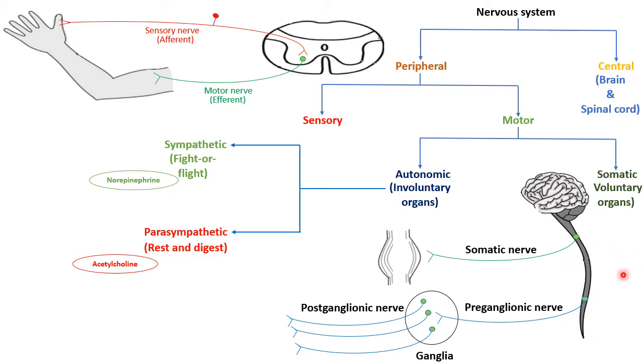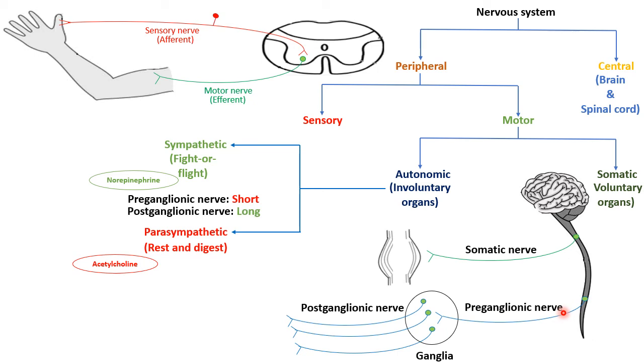For the ganglia of the sympathetic nervous system, we find the ganglia near the spinal cord, and we call it the sympathetic chain. So we would expect that, because the ganglia are near the spinal cord, the preganglionic nerve of the sympathetic nervous system would be short and the postganglionic nerve would be long.